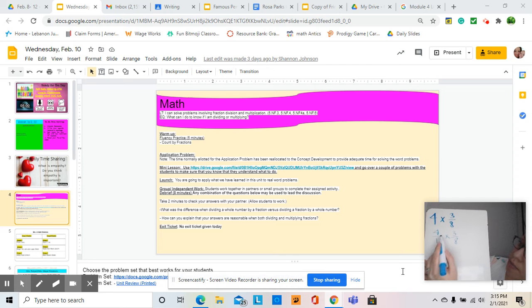Or, because you are adding it 4 times, you could do 3/8 plus 3/8 plus 3/8 plus 3/8. All of them will give you the same result. So you can put the 4 with a 1 at the bottom, or you can add them 4 times.